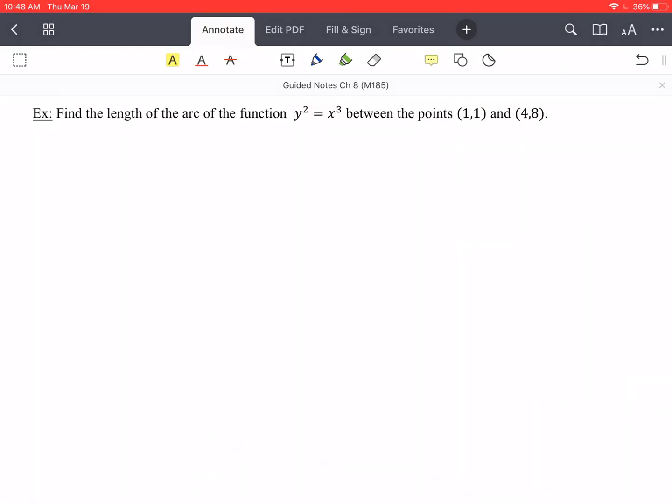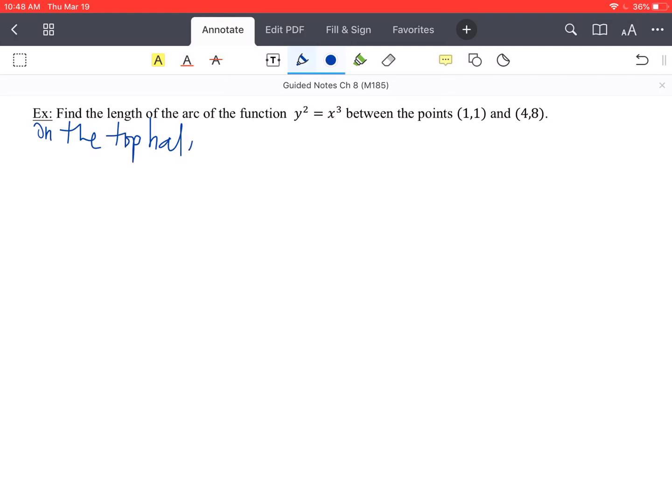When we're working with this curve, it's going to be easiest for us to put y in terms of x, like we're typically used to working with functions. So when we're on the top half of the curve, we have y squared equals x cubed, right?